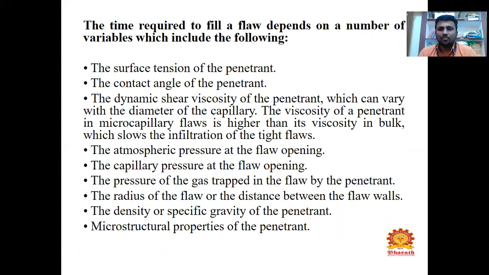The viscosity of penetrant in microscopic flaws is higher than its viscosity in bulk, which shows in the perimeter of the tight flaws. Then the atmospheric pressure at the flaw opening, the capillary pressure at the flaw opening, and the microstructure property of the penetrant.